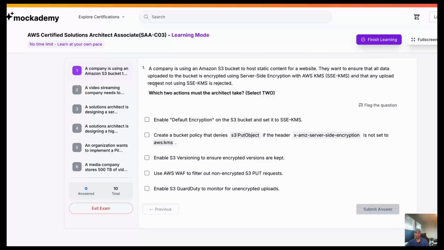First question. A company is using an Amazon S3 bucket to host static content for a website. They want to ensure that all data uploaded to the bucket is encrypted using server-side encryption with AWS KMS, and that any upload request not using SSE-KMS is rejected.